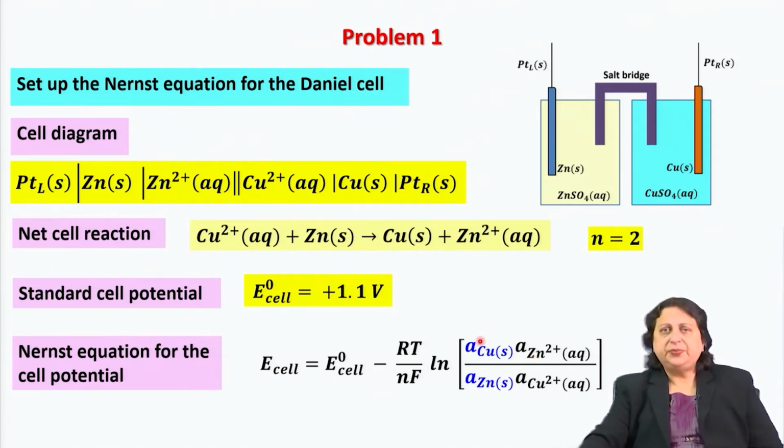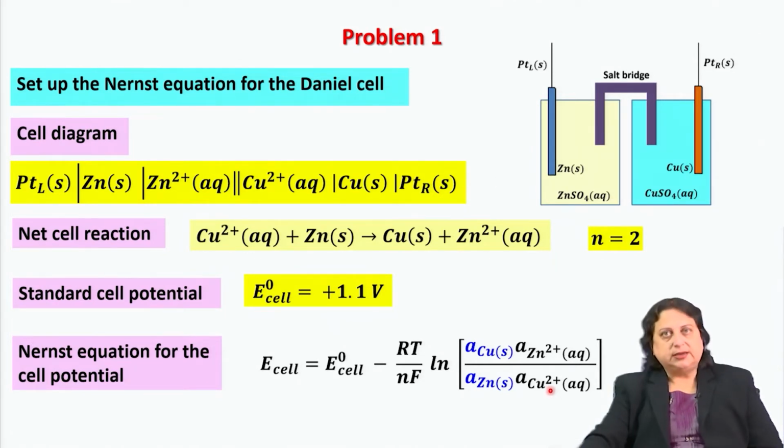So, the first term is the activity of solid copper, the second term is the activity of zinc 2 plus in the aqueous medium. In the denominator, I have the activity of zinc solid multiplied by the activity of copper 2 plus aqueous.